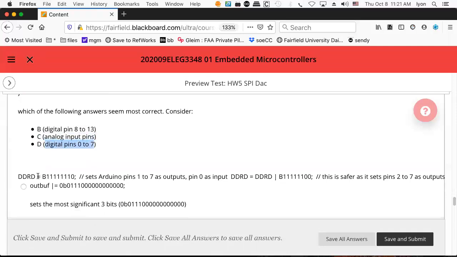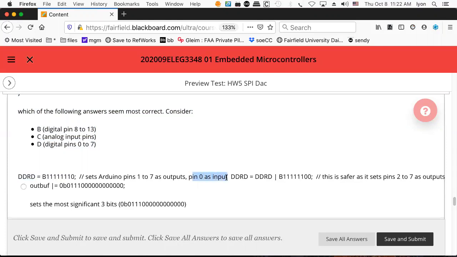So then somebody says the data direction register D is going to be 1, 1, 1, 1, 1, 1, 1, 0. So it looks like Arduino sets pins 1 through 7 because D is ports 0 through 7. So it sets them as outputs because they're all set to 1. Right? It says pin 0 as an input.